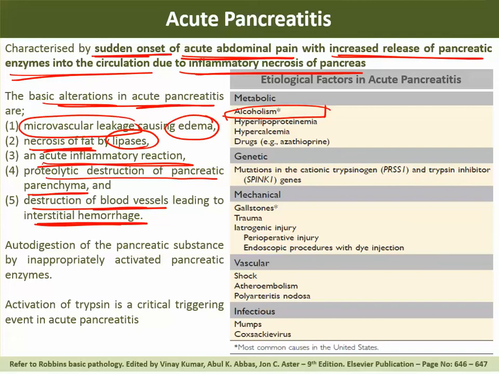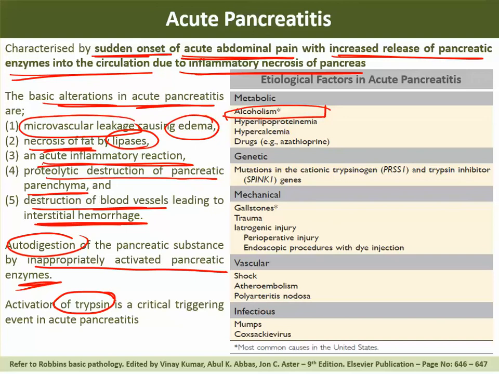So it is like autodigestion of the pancreas due to inappropriately activated pancreatic enzymes. The most important thing is that trypsin is the one which gets activated, and then it activates all the enzymes. In other words, trypsin goes for abnormal activation.